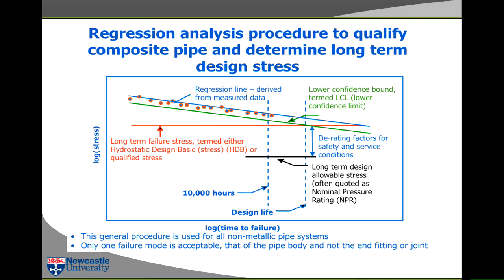If you had a product which had a lot of scatter on the points like that, then your LCL would be much lower. It would be much more curved. So using the LCL rewards the supplier, rewards the manufacturer for making a good quality product.